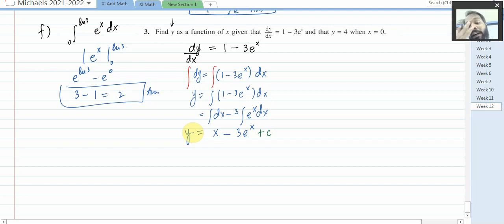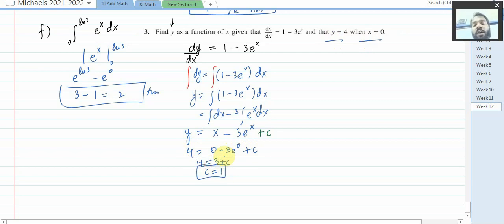To find the value of c, we have the values of y and x. So I will place the value of y as 4 here, and x is 0. So it's 4 equals 3 e to the power 0 plus c, 4 equals 3 plus c, and you get the value of c, that equals 1.